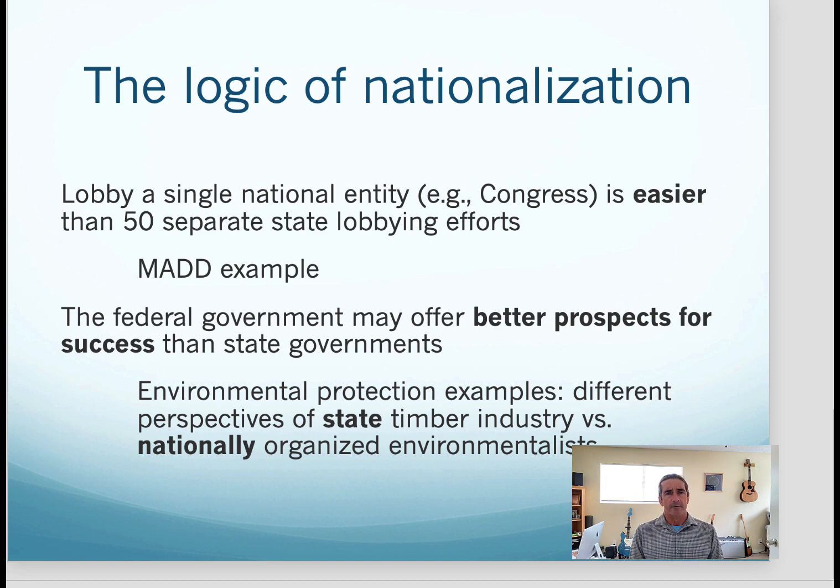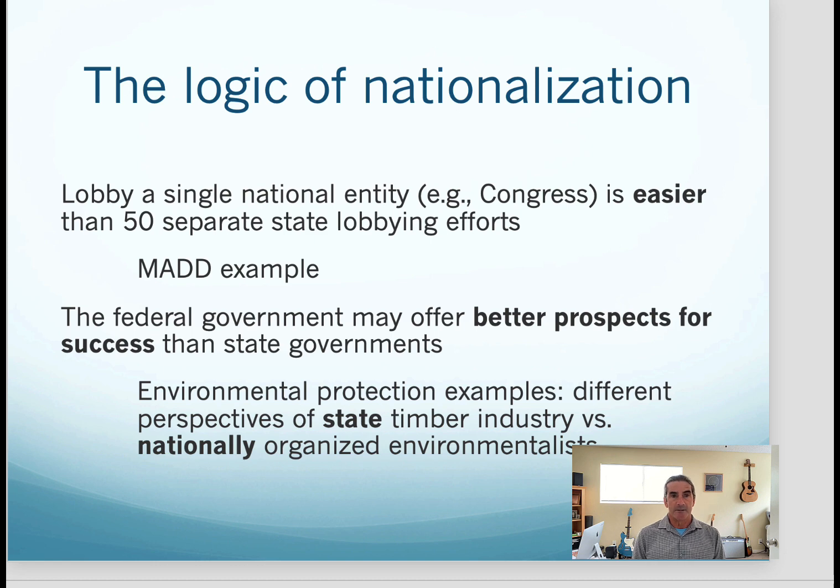Also, petitioning the federal government to take on certain projects is probably going to be more successful than taking on those projects in specific states. And the book talked about the different perspectives of, say, the timber industry in Oregon versus nationally organized environmentalists when it comes to questions like preserving the endangered species of the spotted owl.